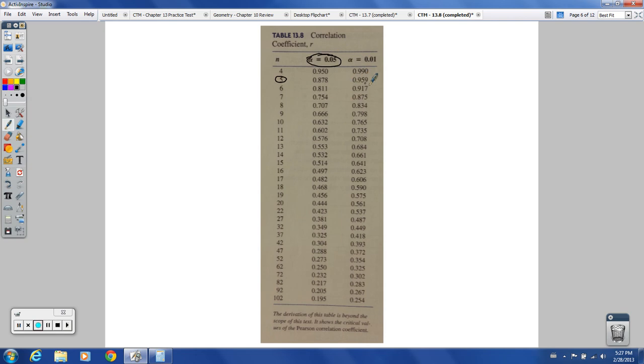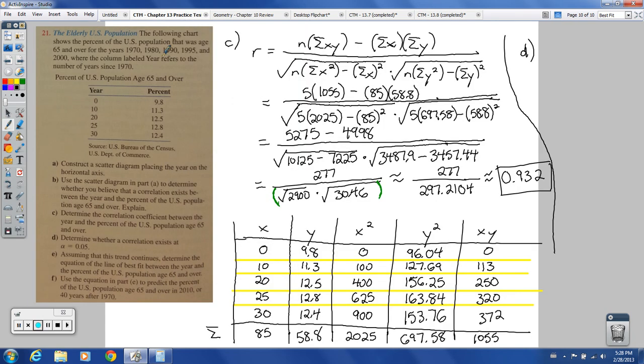It looks like it wouldn't work if it was at 0.01. So here, though, at 0.05, at 5%, it is going to be statistically significant. That's not the way I want to say that, but it's going to be a less than 5% chance of this not being correlated. So there is a correlation there. The way they're wording this, whether a correlation exists, yes.